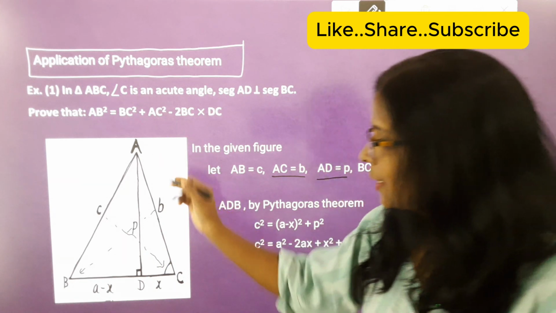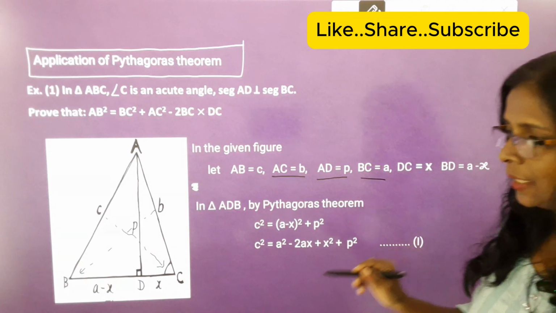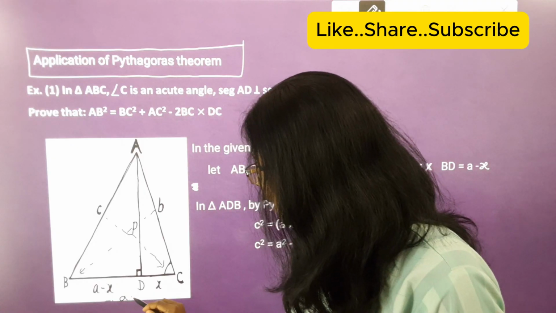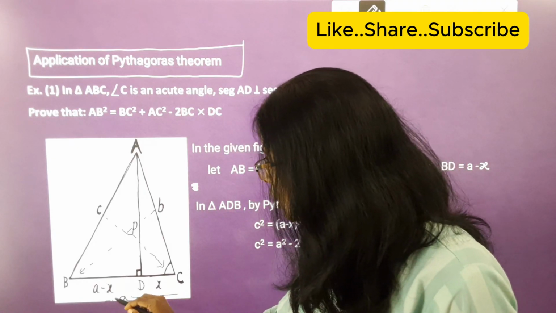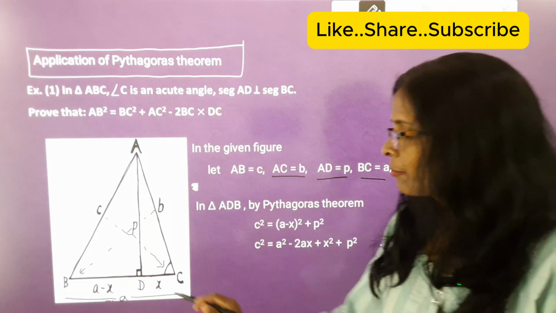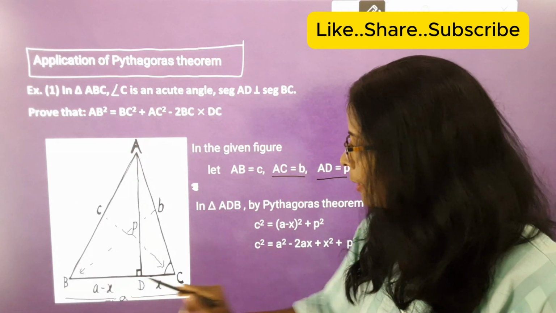Consider AD as p and BC as a, because the opposite angle of the side BC is angle A, so it is called small letter a.